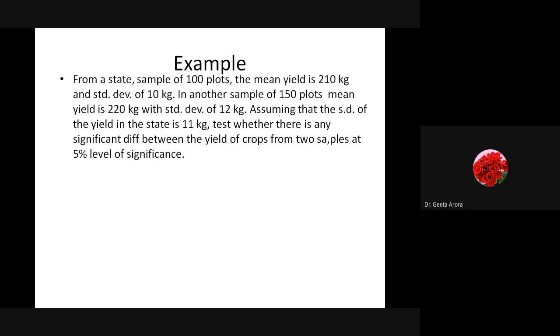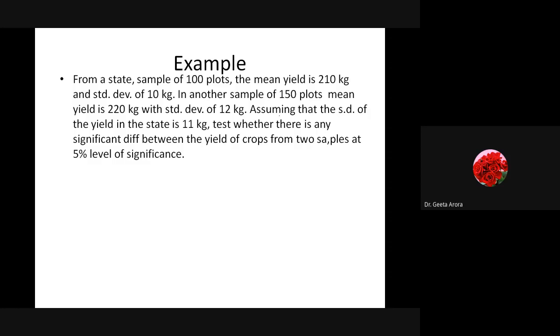We have been provided with the data of the samples taken from a state. Correct? Assuming that the standard deviation of yield in the state is 11 kg, means something is provided regarding the whole state also, we have to test whether there is any significant difference between the yield of crops from the two samples at 5% level of significance.